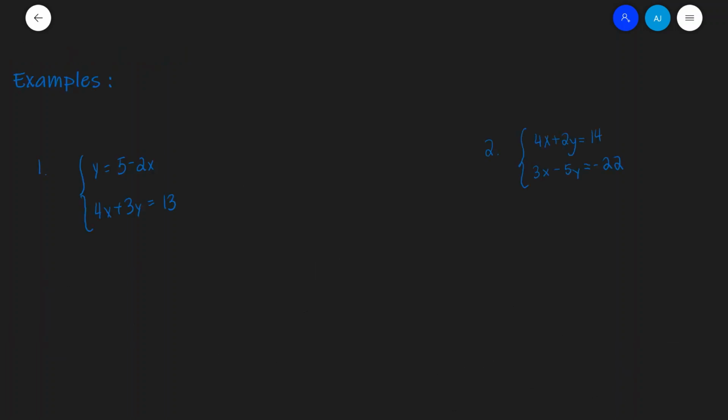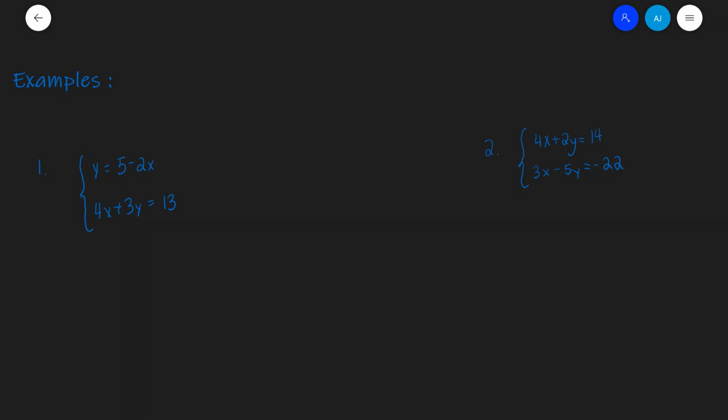Alright, so now that you have a better idea of this method, let's try a few more examples. For the first example, we have a system of two equations, y equals 5 minus 2x, and 4x plus 3y equals 13. For the first equation, we can see that it is not in the same arrangement as the second equation.